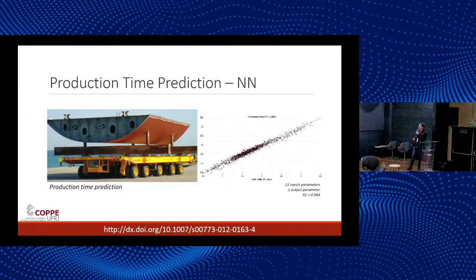Just a short example, you can see here a model that we developed in the past to be able to predict the time and cost of production of blocks of ships and platforms. We use neural networks to do that and historical data of the shipyards. The idea is to base the model on real detailed design parameters.